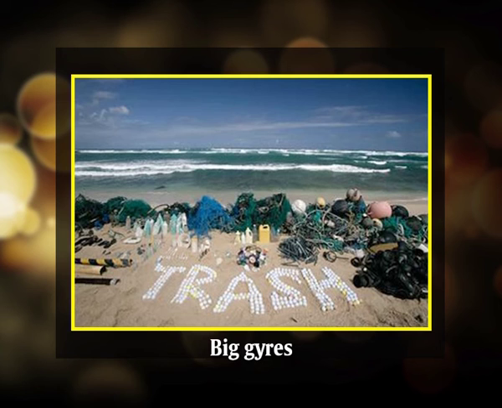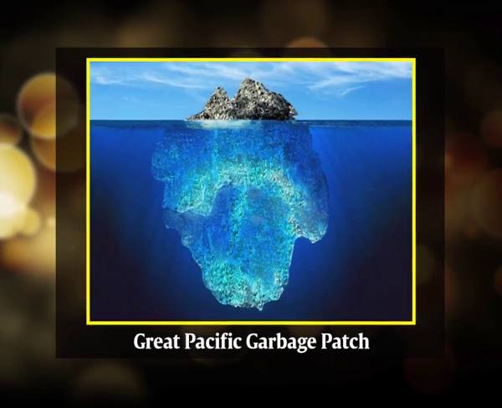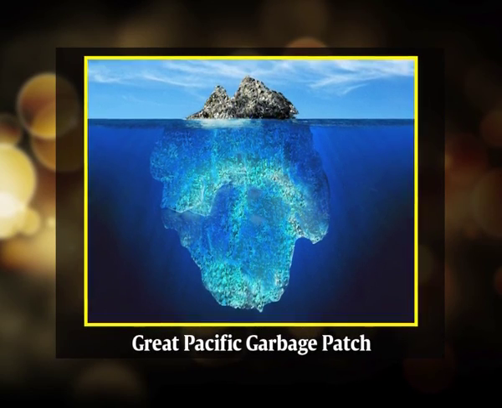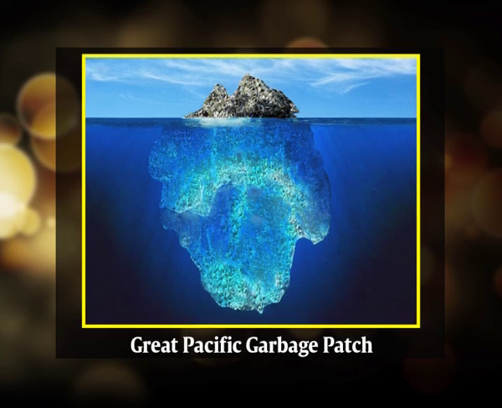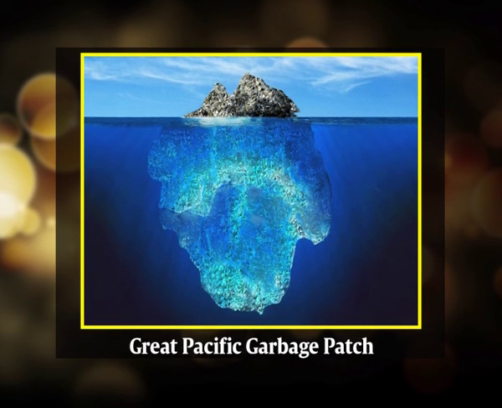The big gyres in the ocean trap floating plastic debris. The North Pacific Gyre, for example, has collected the so-called Great Pacific Garbage Patch that is now estimated at 100 times the size of Texas.